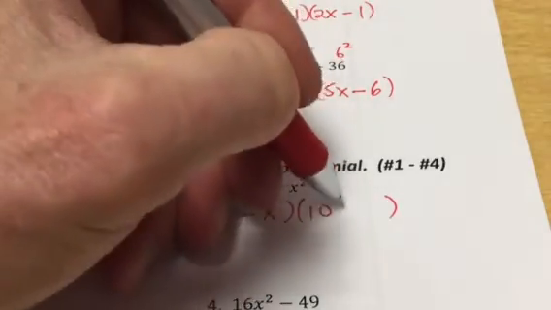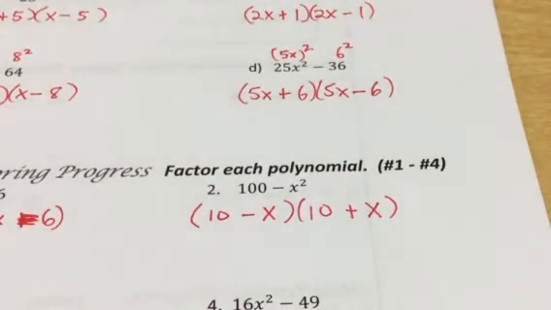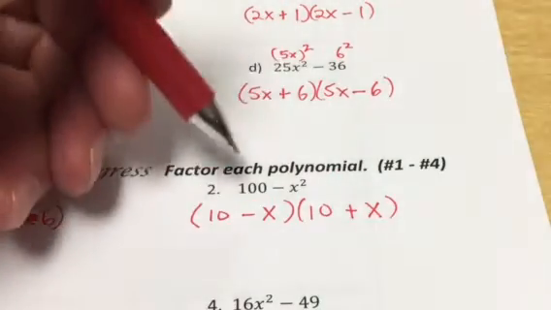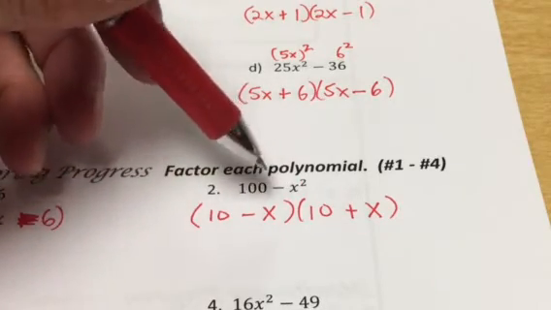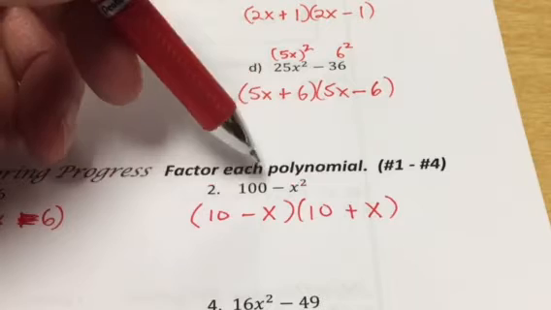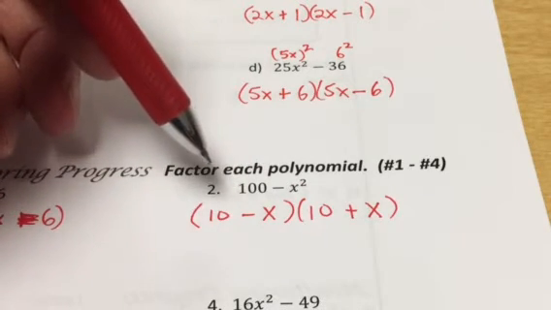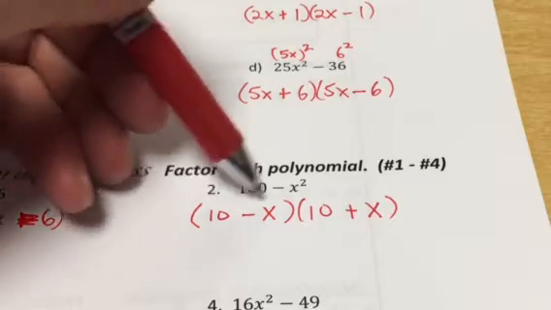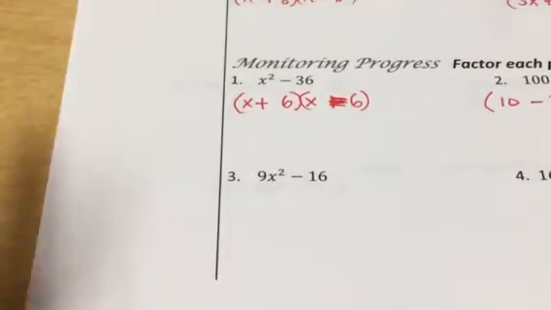So we'll have 10 minus x and 10 plus x. And don't worry that that's not in standard form, the way this is written at the beginning. I find it's easier to factor things that don't have a leading term that's negative. And so this is a square and this is a square, and we can factor that as a difference of squares.